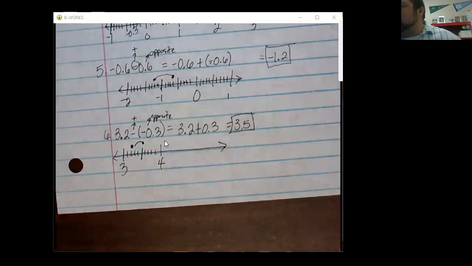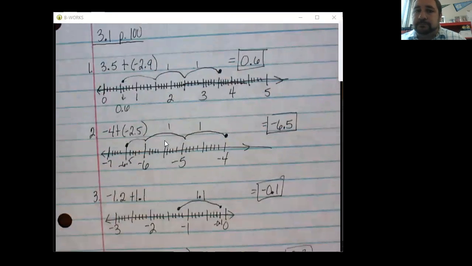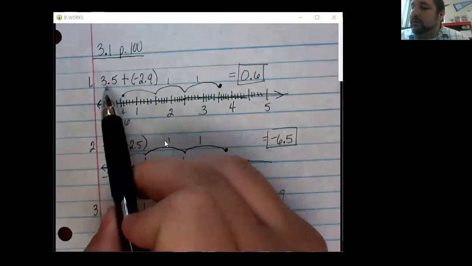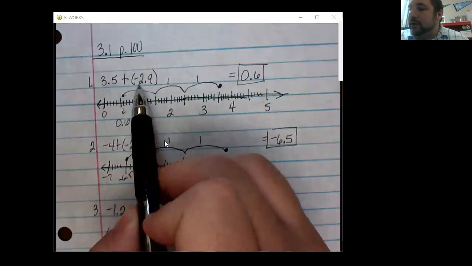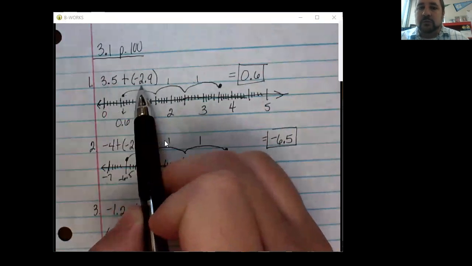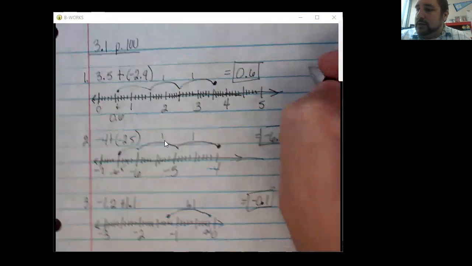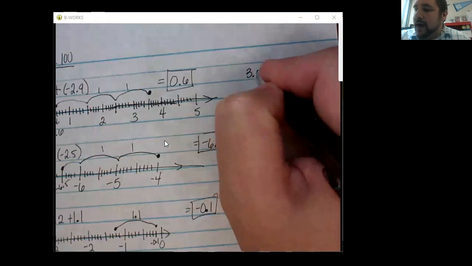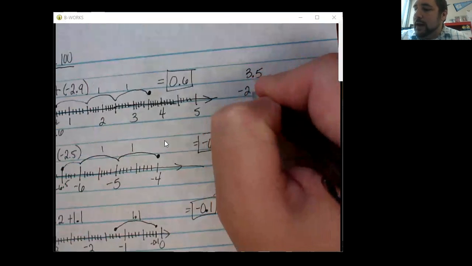Now going back and looking at them, you could also use your integer rules, positives and negatives, to find the answer. For example, in number 1, you would do 3.5 plus negative 2.9. They're different, so you would subtract. And when adding and subtracting decimals, remember to line up your decimals. So it would look like this, 3.5 minus 2.9.